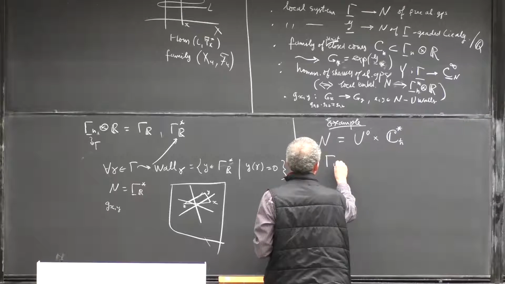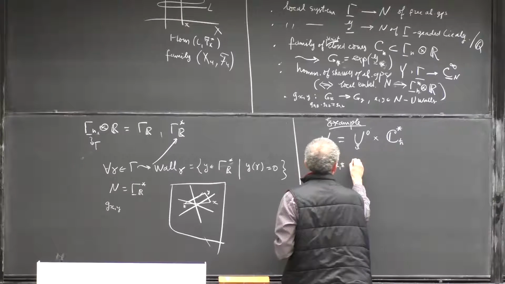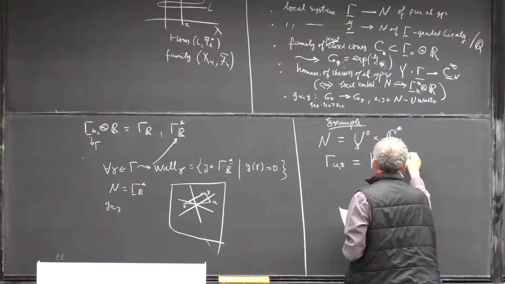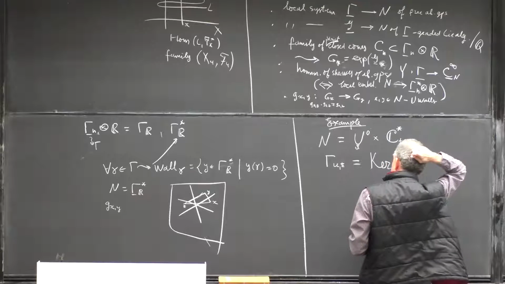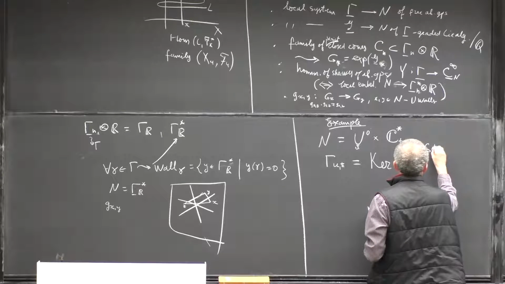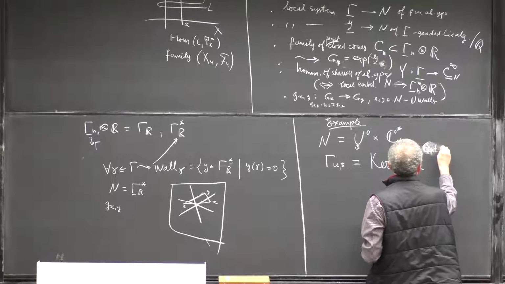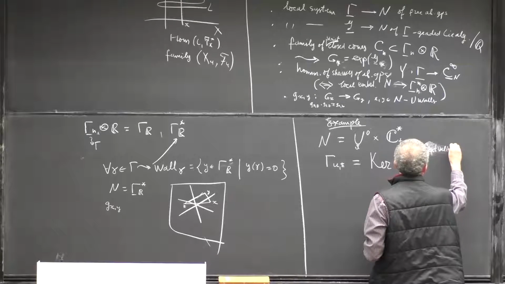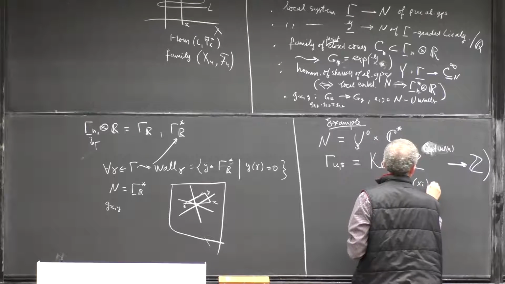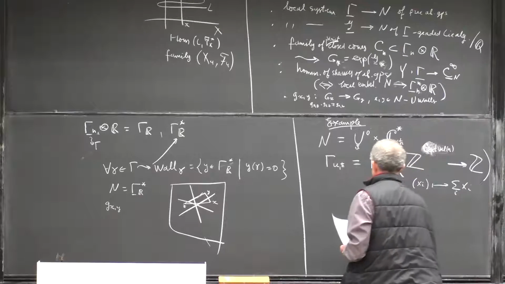Gamma_u in fact does not depend on u. This is the set of critical values, and the map sends a collection of points to their sum.